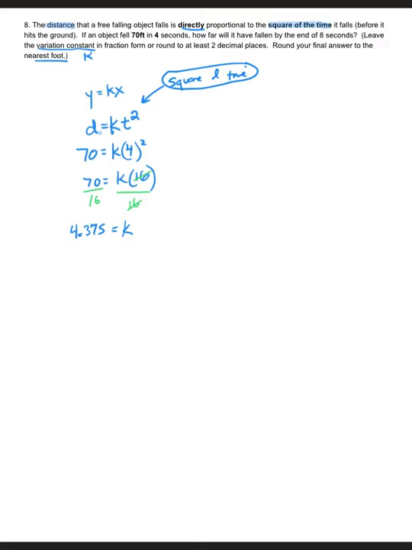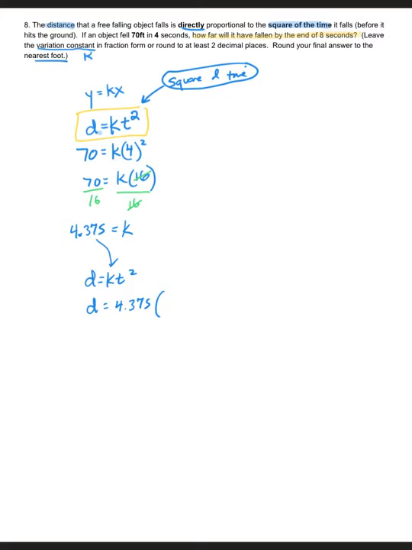So going back to our original equation that we started with, which was D equals k t squared, we're going to plug the k in now. So distance equals 4.375, and the time, here they want to know how far will it have fallen after 8 seconds.